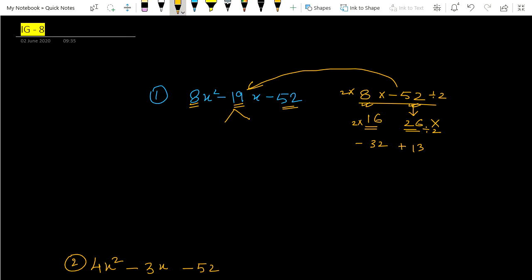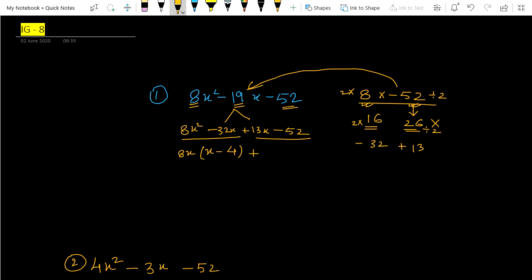So the splitting parts of minus 19x are minus 32x and plus 13x. Minus 52 remained as it is and 8x square remained as it is. So we are finding here this is the first pair and this is the second pair. If we take common 8x from the first pair, we get x minus 4 inside the bracket.